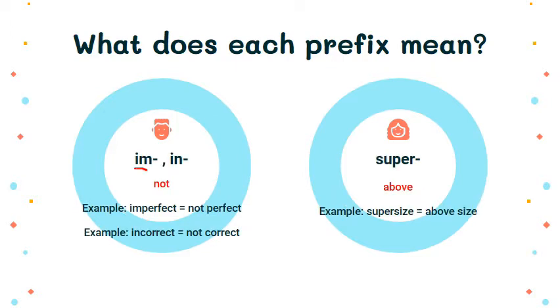The prefixes im and in, both of them mean not. For example, imperfect means not perfect, and incorrect means not correct. The prefix super means above. For example, supersize means above size.